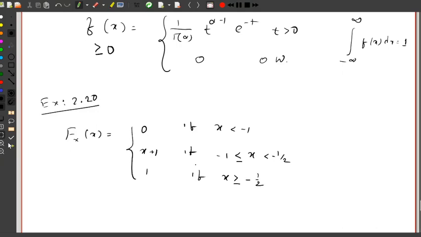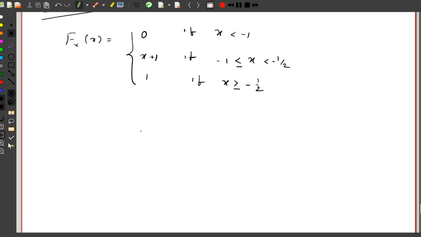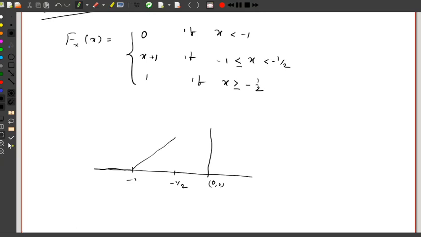Okay, in this case it is very easy to see what the distribution function looks like. This is the point 0, 0. I have minus 1 here, and I have minus half here. The function is 0 throughout this region. Then the function increases like this.